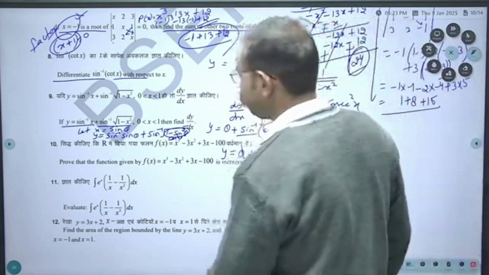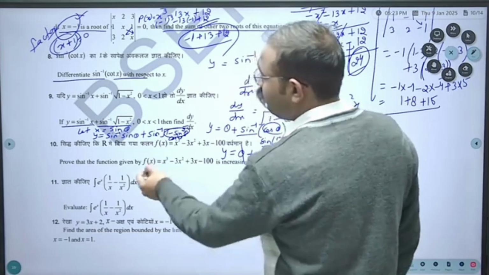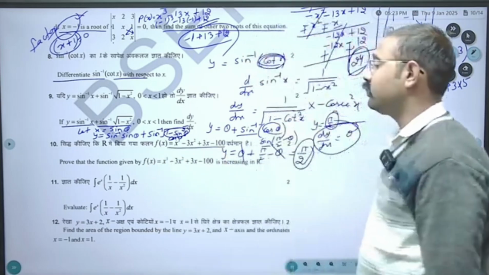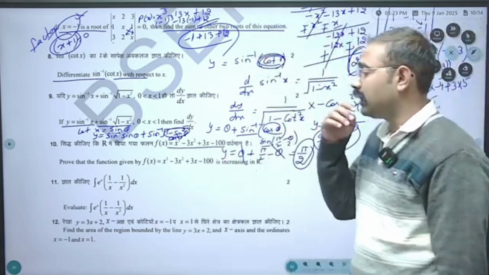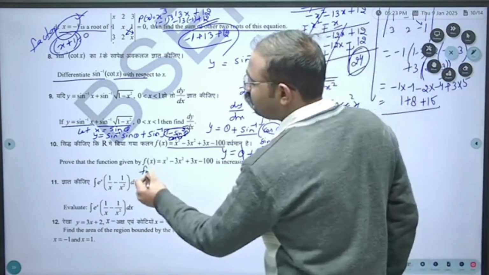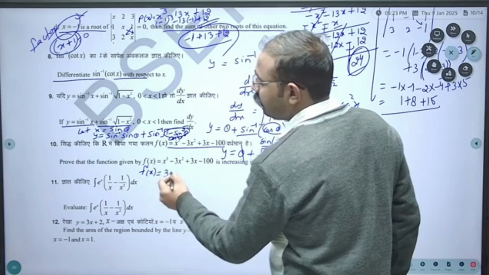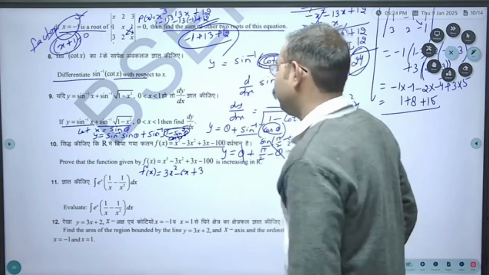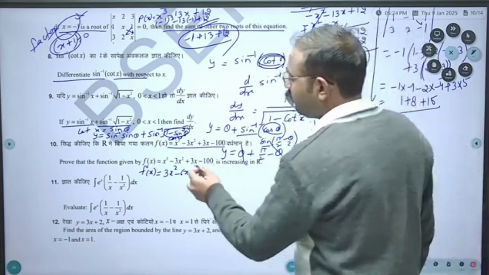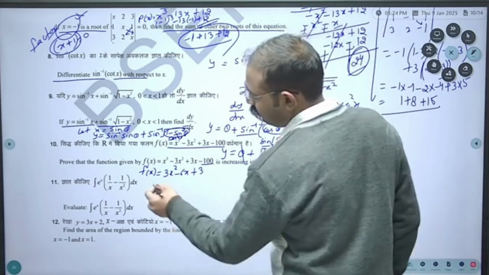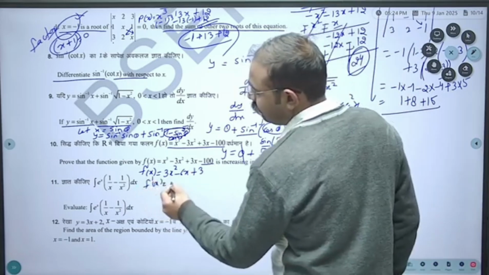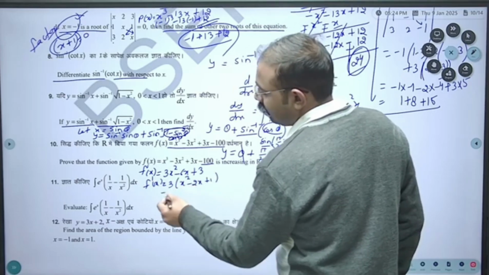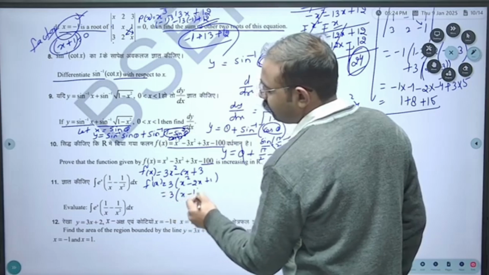Next, we have to prove whether this function x cube minus 3x square plus 3x minus 100 is increasing in R. So by finding the derivative of this function, f dash x is equal to 3x square minus 6x plus 3, and the derivative of this 100 will be 0. f dash x is equal to, by taking 3 as common, 3 times x square minus 2x plus 1, and this is the whole square of x minus 1.